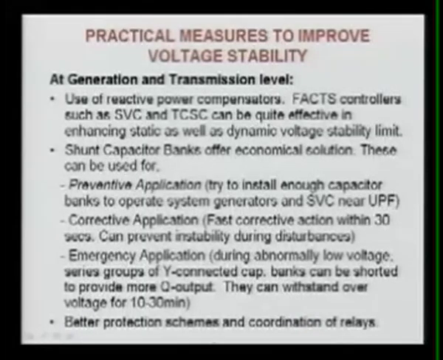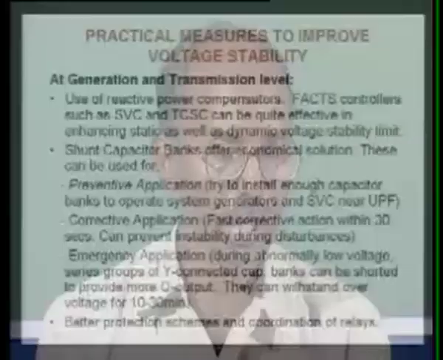Here I am talking first about the generation and transmission levels: the use of reactive power compensators. As you know, the voltage is directly related to the reactive power. So if your system requires reactive power support, you must provide it to improve the voltage and therefore the voltage stability of the system.